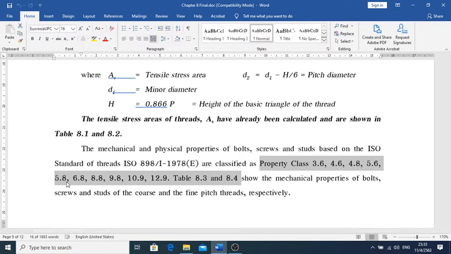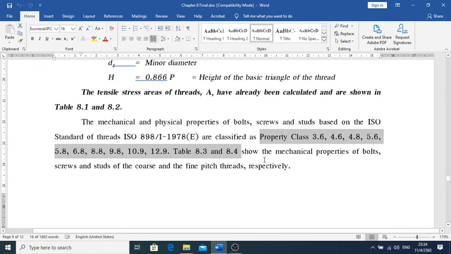So if you would like a higher-grade steel, 6.8 up to 12.9, we have to make an order, probably from Japan, a closer country. Typically in Thailand, it's only 4.6 and 4.8.